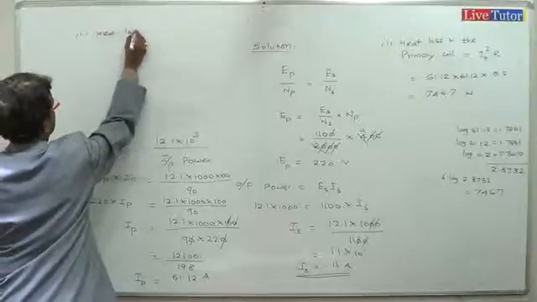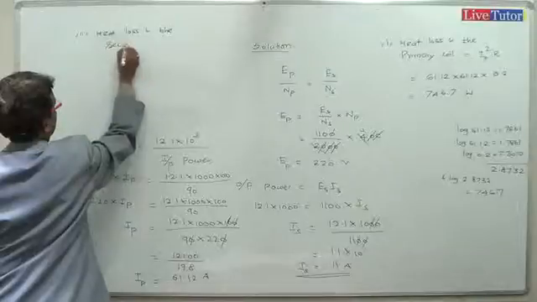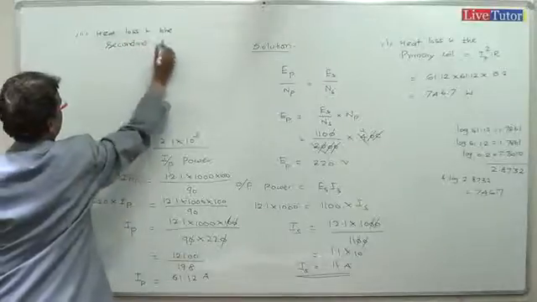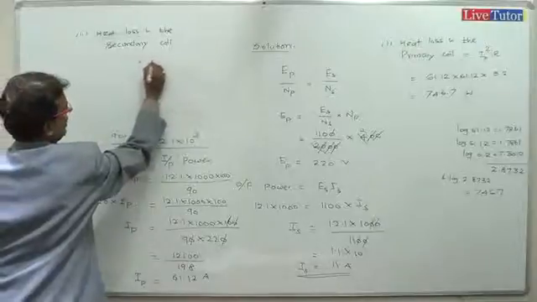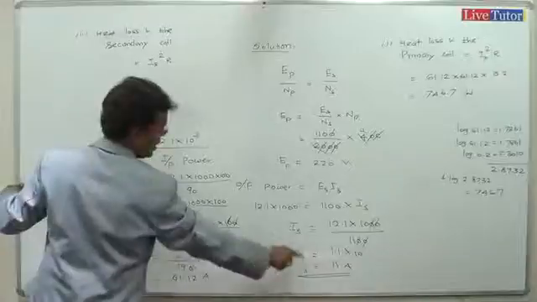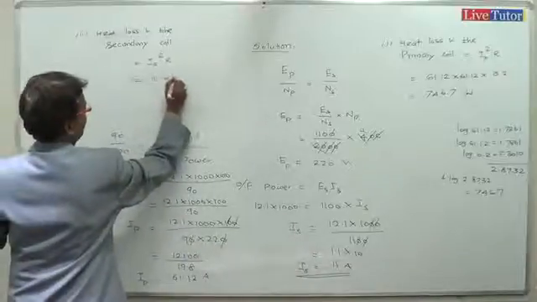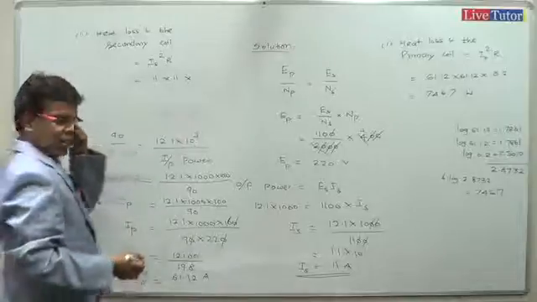Heat loss in the secondary coil is IS square R. IS we have got already, 11 into 11, into resistance of the secondary coil, which is, I think, 2 ohms.